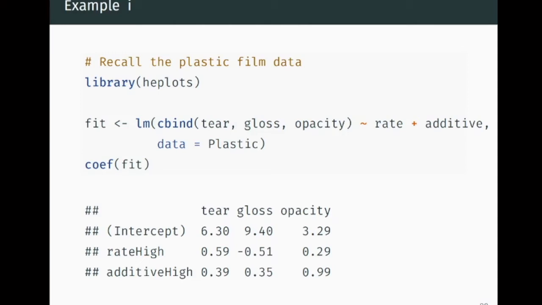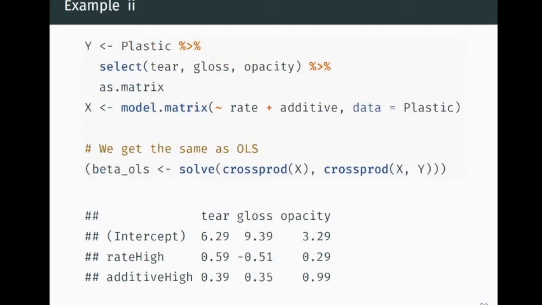We also have 2 covariates, rate and additive, which are both binary covariates with 2 levels, high and low. First we fit the least squares estimator, and if we look at the coefficients, we have these quantities here.